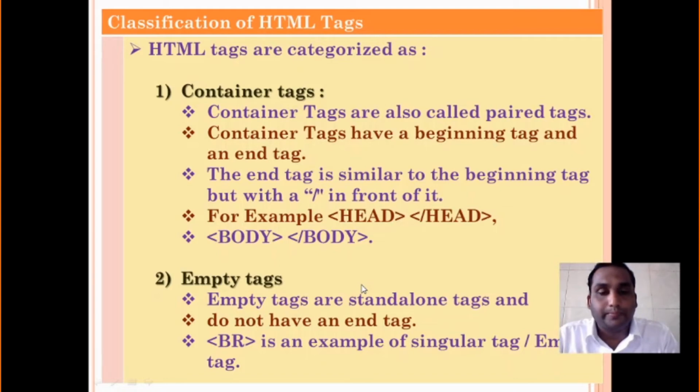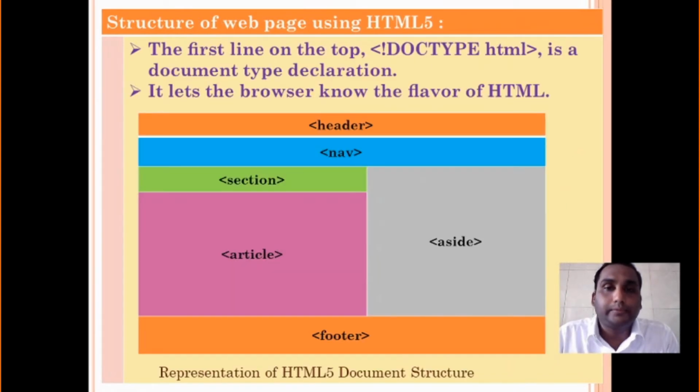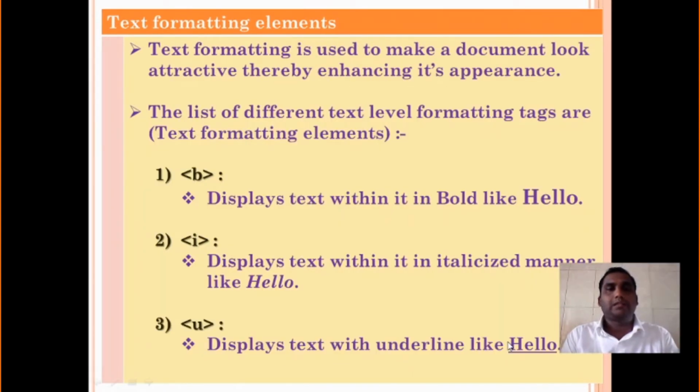Pairing is not there. So HTML tags are of two categories: container tags, which have opening and closing tags, and empty tags, singular tags with no closing tag. Let us now have a look at text formatting elements. Text formatting elements or tags are used to make a document look attractive, by enhancing its appearance.